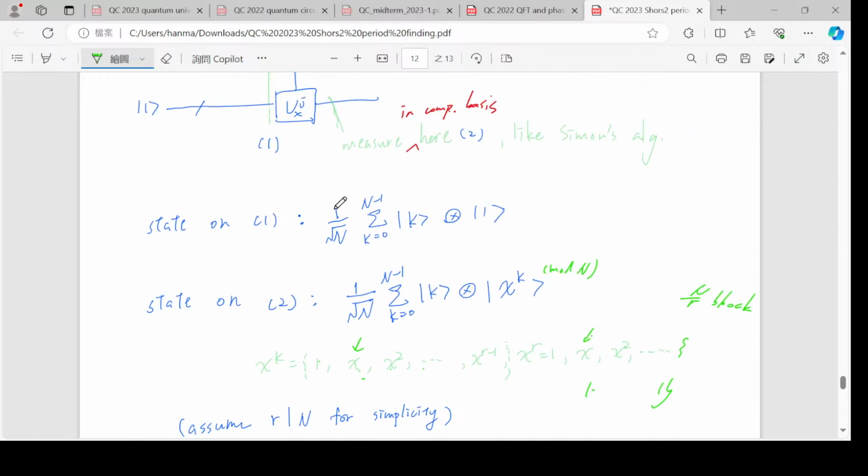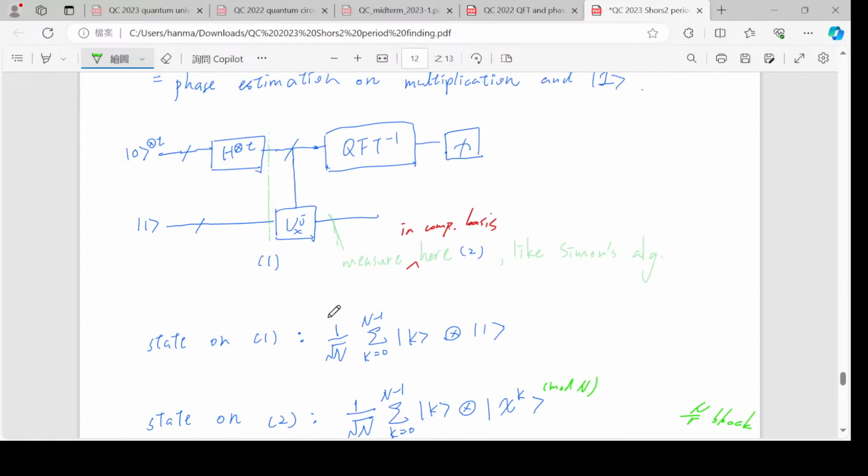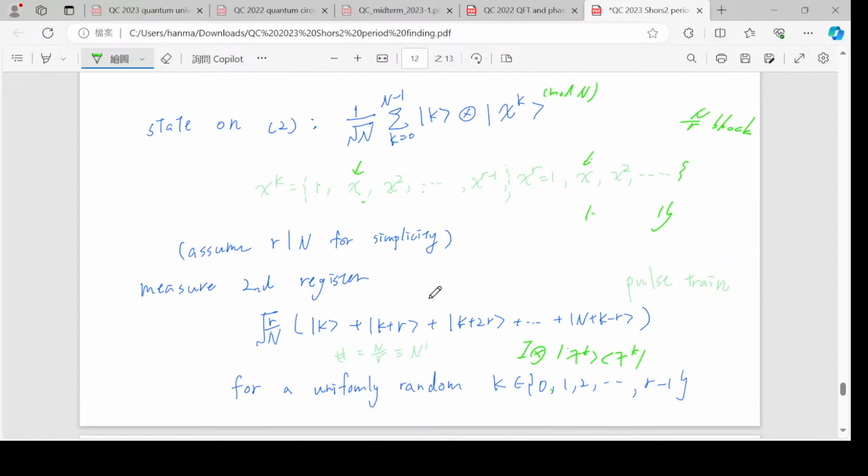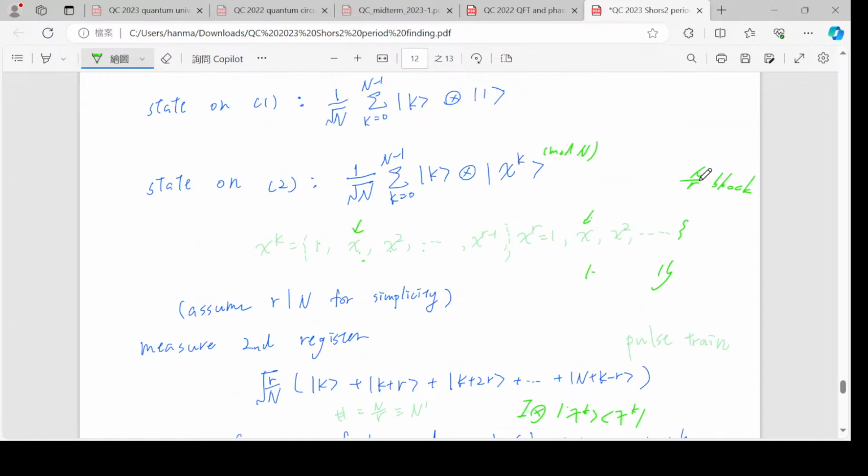Here we are being very careful to keep our normalization correct. We start with 1 over square root n because you have n different k. Now there are n over r blocks, so there are n over r terms here, and you should normalize by square root of r over n.